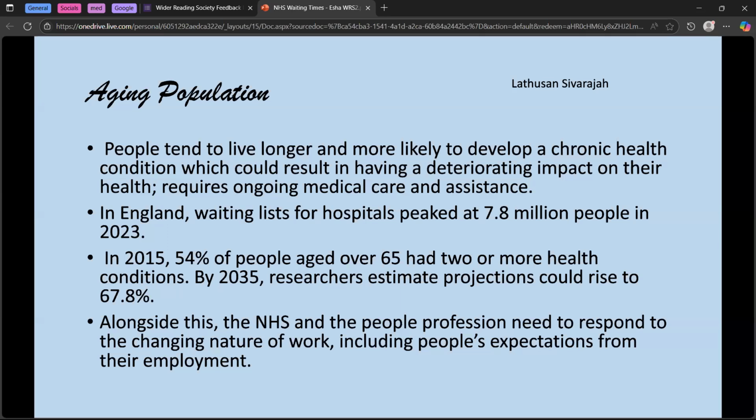By 2030, the number of economically active people aged 65 and over is projected to increase by a third. These factors from working could perhaps play a role in developing a life-threatening chronic illness. These interconnected factors could potentially put immense pressure and strain on the NHS system and the staff.